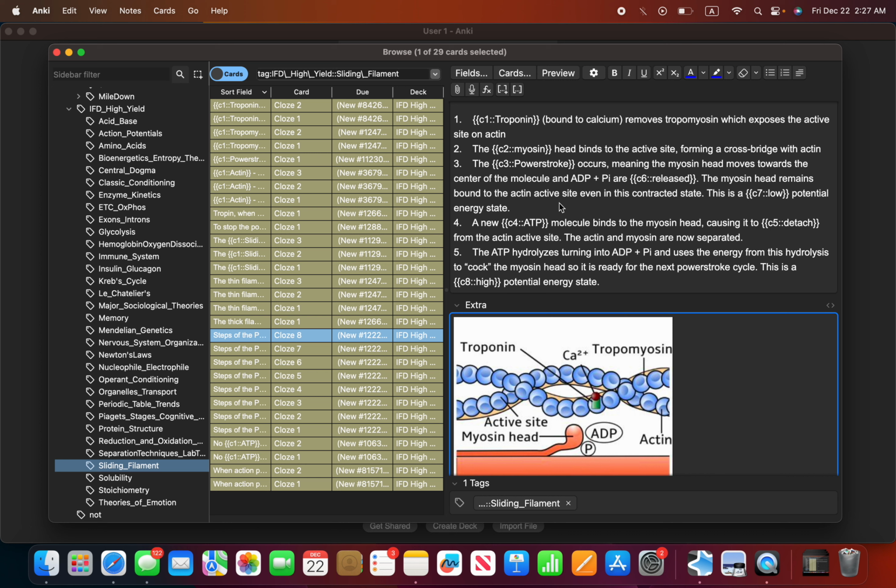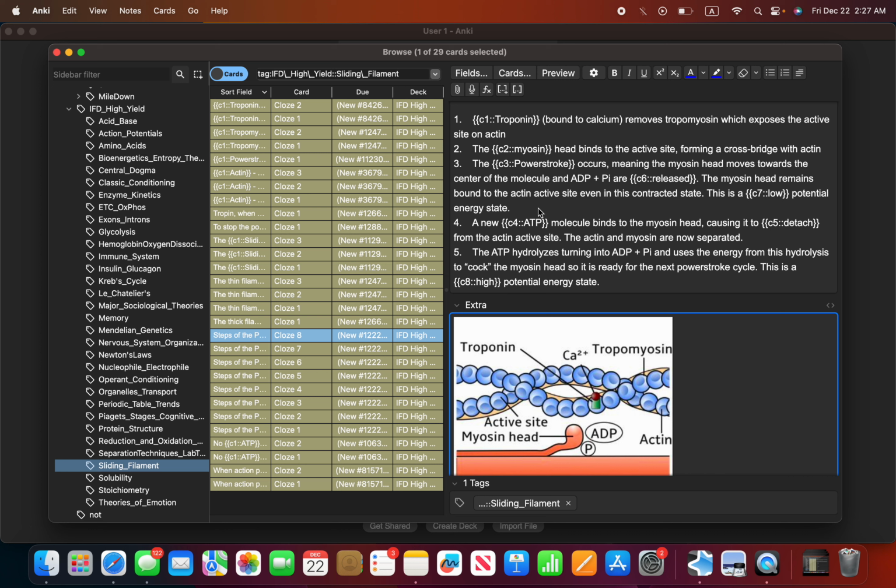This is a low potential energy state. So when you are contracted, your potential energy state is low.